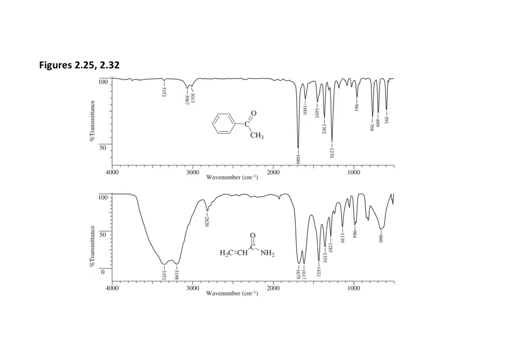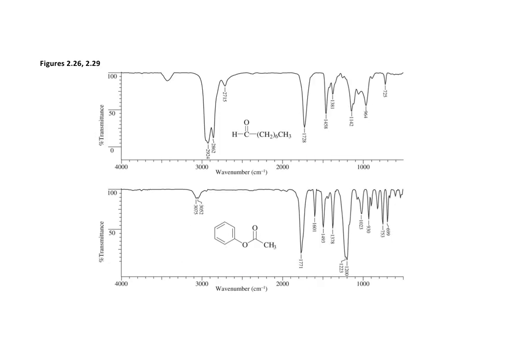These are spectra for acetophenone and acrylamide with carbonyl stretching frequencies slightly below 1700 wave numbers. This is the spectrum for the aldehyde octanal with carbonyl stretch at 1728 wave numbers.